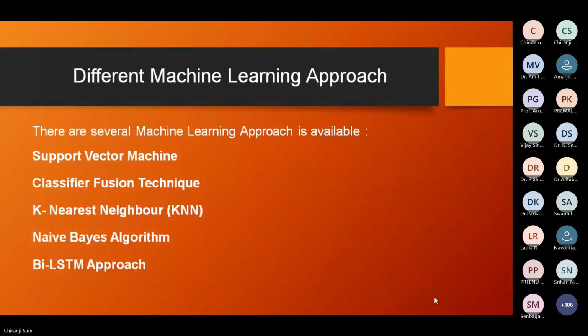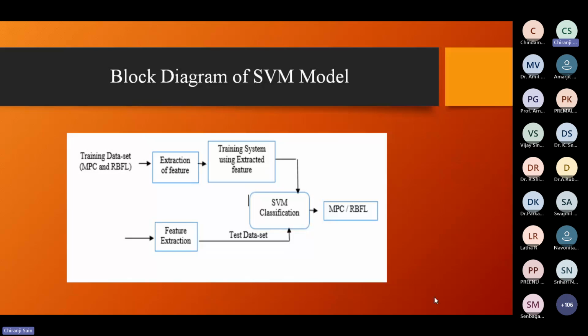Now, while talking about the SVM classification problem, the support vector machine is one of the very fundamental machine learning approaches. Depending on the training data set, the kind of controller that we are going to select, either MPC control or a rule-based fuzzy logic control, the feature extraction takes place.